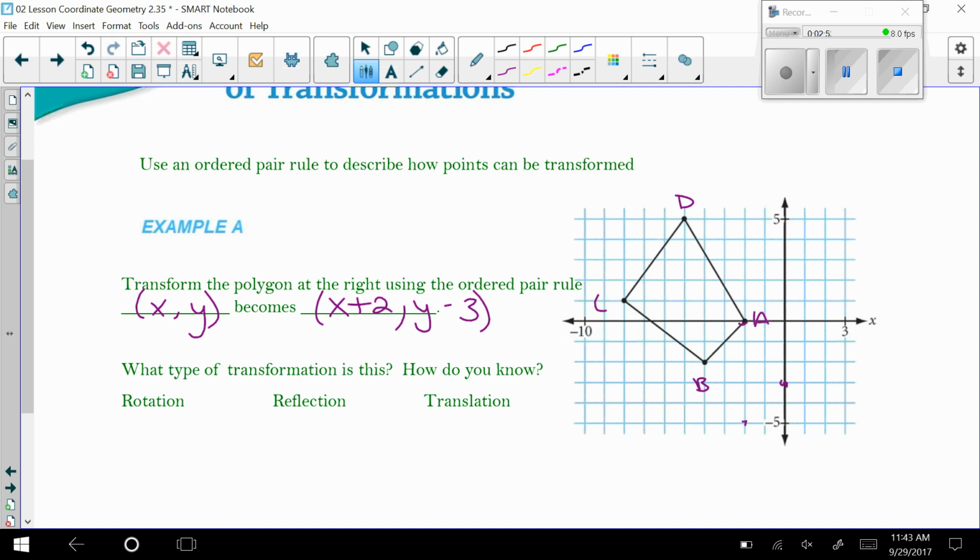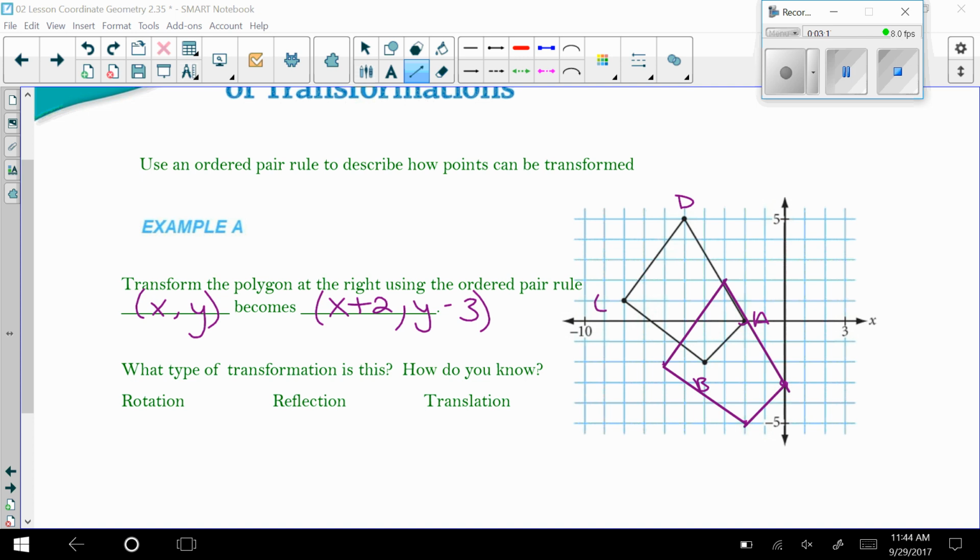For point C, again, we're going to add 2 units to the x-coordinate and subtract 3. And for point D, we're going to add 2 units to the x-coordinate and subtract 3 units to the y. So after we connect our points, we can see our transformed image.